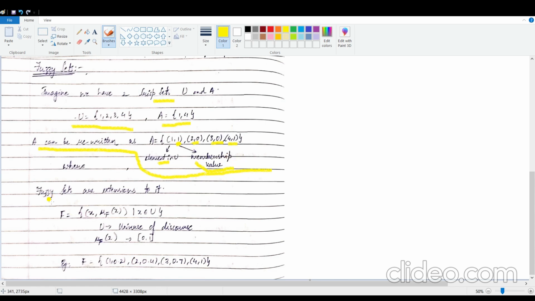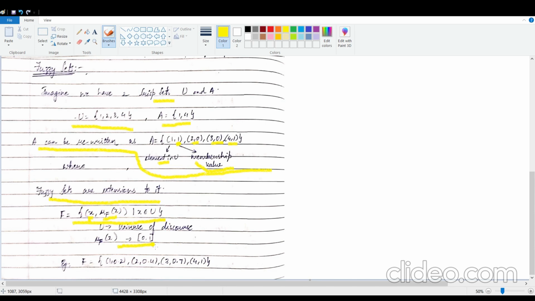As I have already told you, fuzzy sets are extensions to it. This is the way you usually define your fuzzy sets. So x here is your element and mu subscript f(x) is your membership value. f is the set and x is the element. And as I already told you, the membership value always lies between 0 and 1.